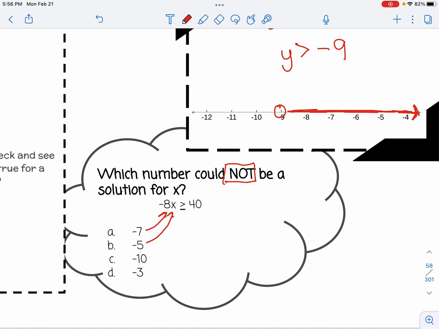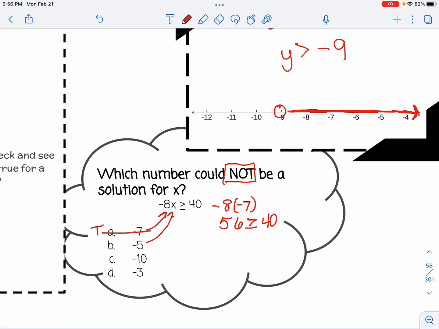So if I have negative 8 times negative 7, that gives me 56 is greater than or equal to 40. That is true, so that is not my answer.